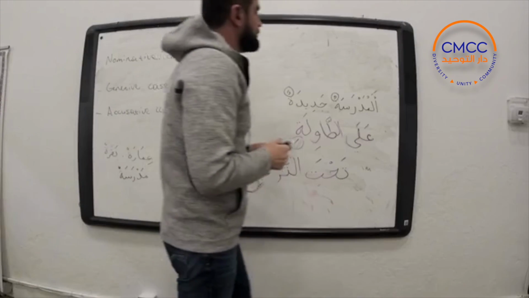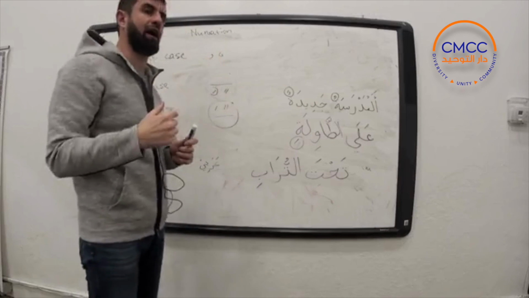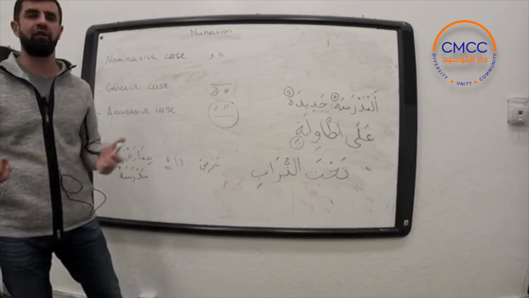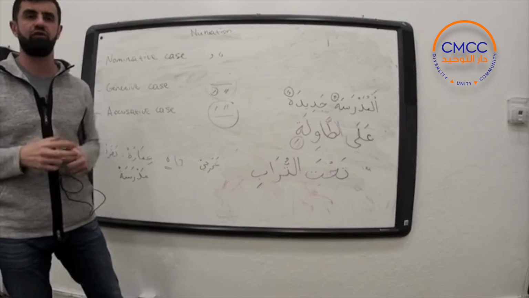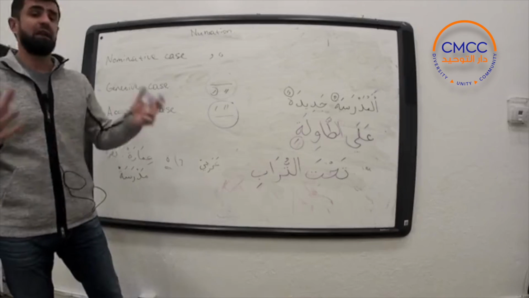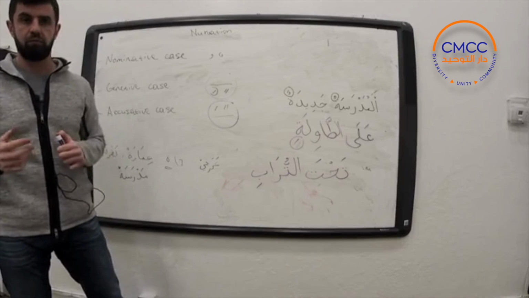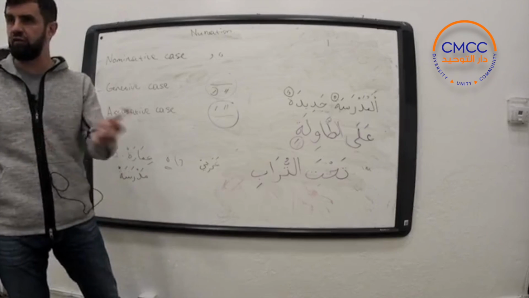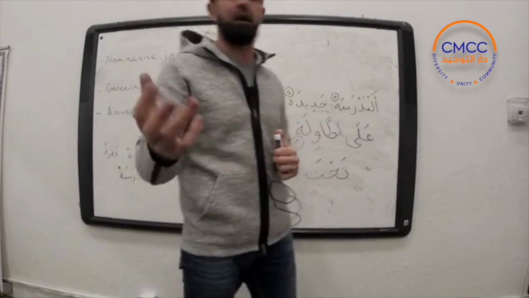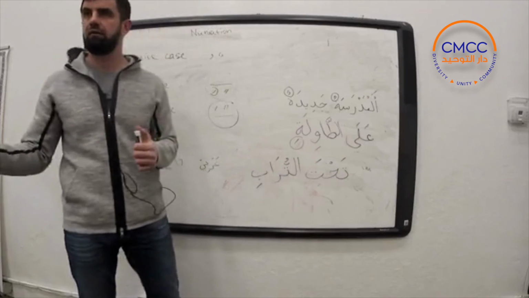So if we use a verb and it is followed by a noun, for example, a very simple sentence which includes a verb. Let's say, for example, I wrote a book. Okay? Pretty simple one, right? So do you know the verb write in Arabic? Kataba, right? Everybody knows it.